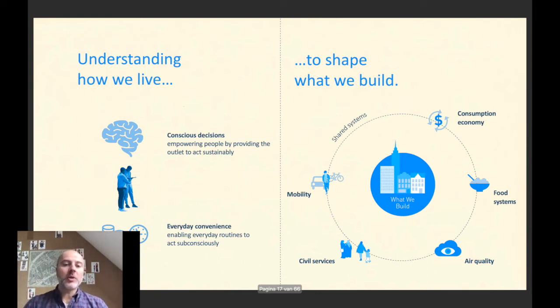We also know that a whole lot of people, the majority actually, are short on money, time, and resources, and just want to do what's best for them and their loved ones. So taking both of those extremes of the human condition into account, we want to shape what we build and design systems to react to that human behavior.